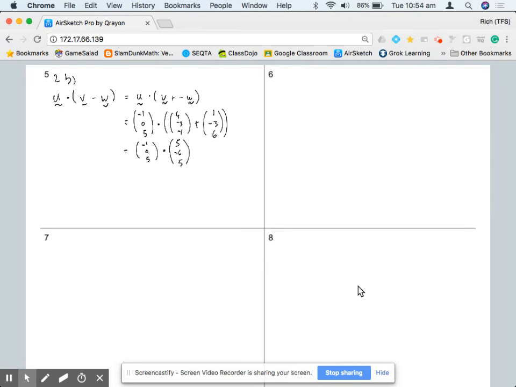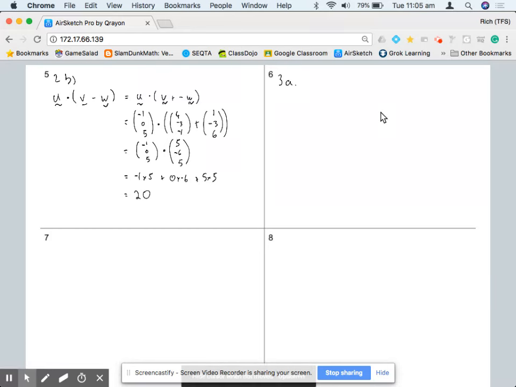So I've got the dot product of those two vectors, which I'm then going to write down as negative 1 times 5 plus 0 times negative 6 plus 5 times 5, and that's going to equal negative 5 plus 0 is negative 5 plus 25 is equal to 20. And we're done. What do you think? Is that okay so far? All right, so I'm going to give you 10 minutes only.